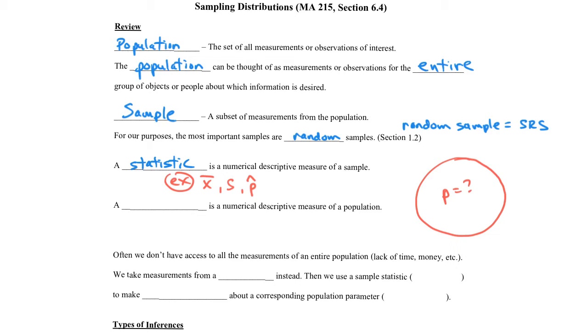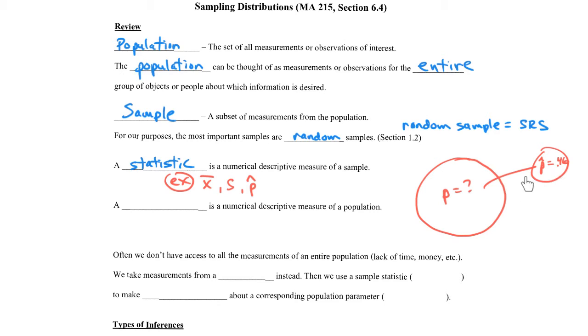So what you do is you take a sample of voters and you find p hat. So maybe p hat says 46. So of your sample, 46% of them said we're going to vote yes on proposal 3. And then you would use that p hat, your sample proportion, to try to figure out what p, the population proportion, would be.